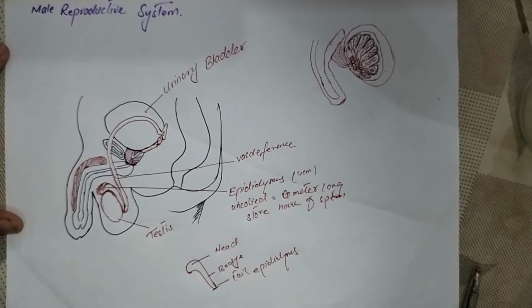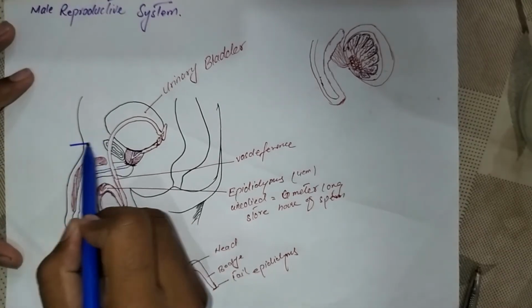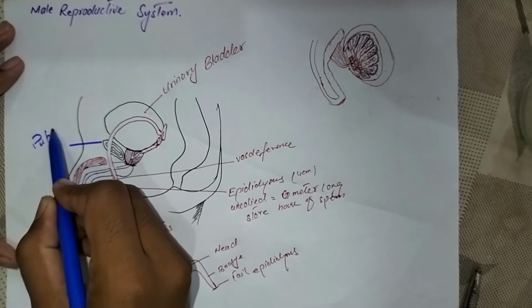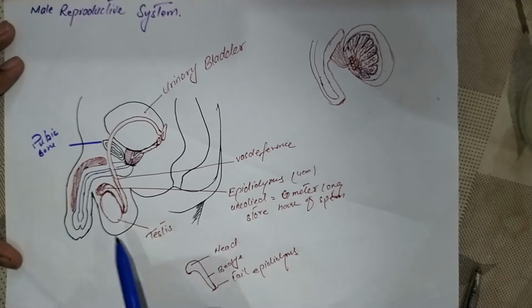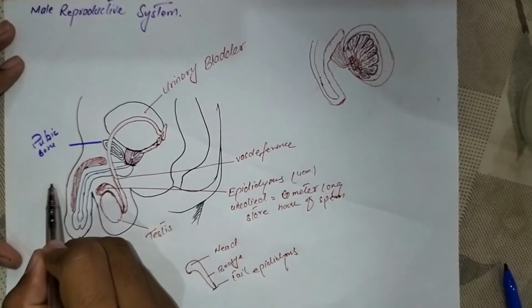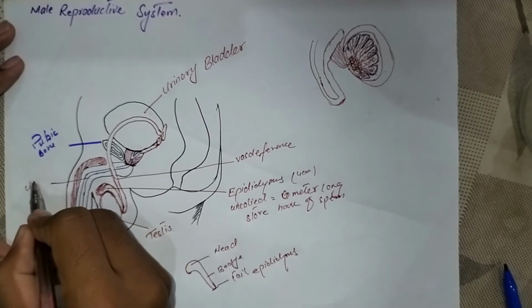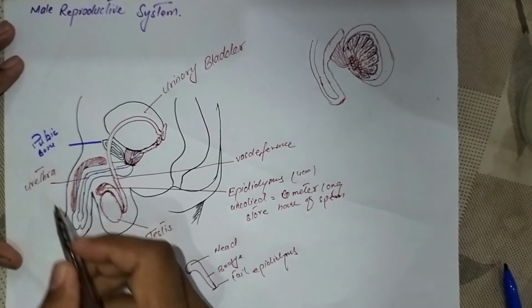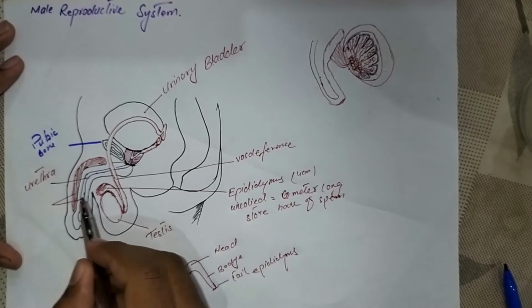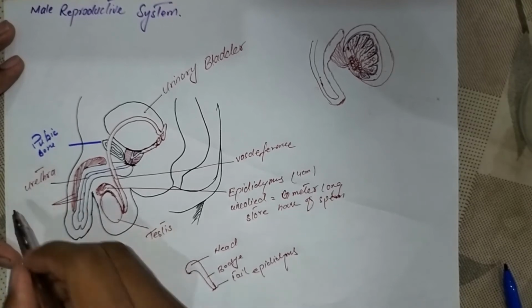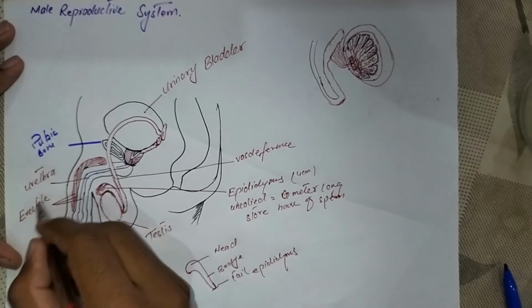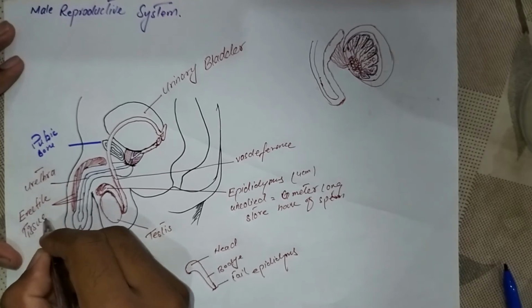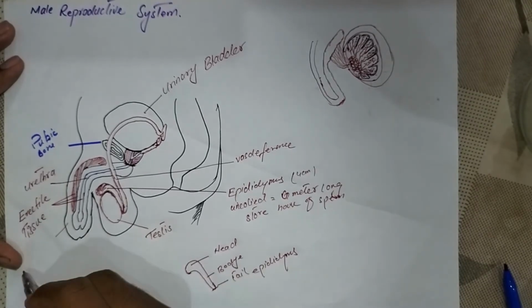Then we have this pubic bone, and here we have the urethra. Label it with red. Here we have the urethra, and these are the erectile tissues, and here we have the penis.